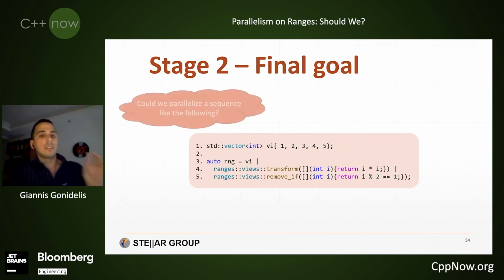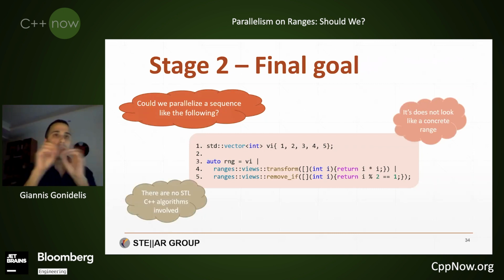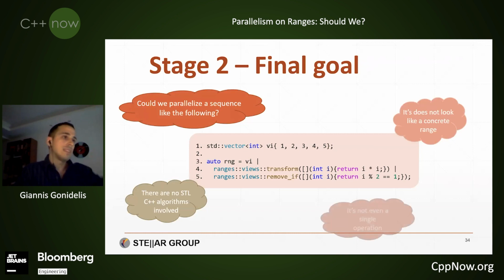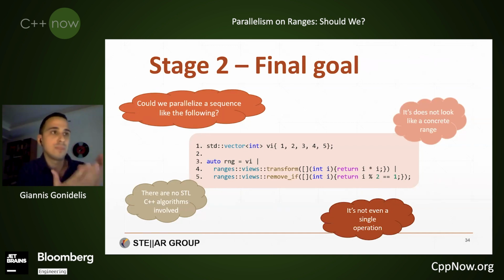This thing does not seem like a concrete data structure, a concrete type that you could just split your workload on and parallelize. It even includes operations in there. I can see my input range being applied to certain operations. So it's not trivial.